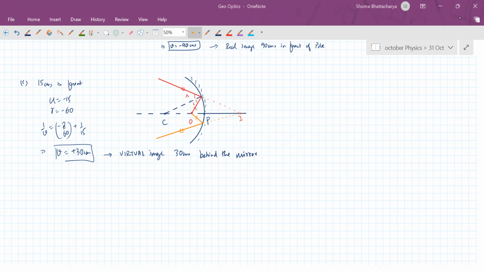No, we don't consider size for point objects. We will come to extended objects and magnifications next.